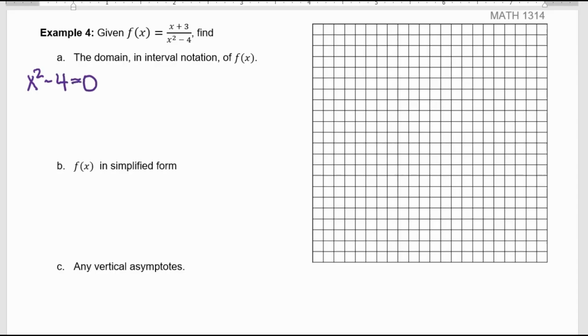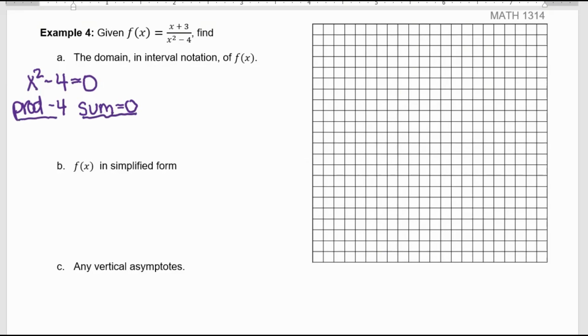You could use the square root property, but because we are going to want to see if we can simplify, we're going to factor. Remember, we're looking for a product of a times c, 1 times negative 4 gets us negative 4, and a sum of our middle term, our linear term, which in this case is 0.